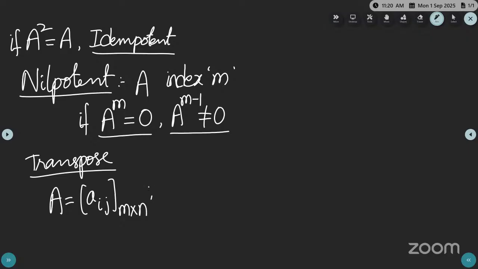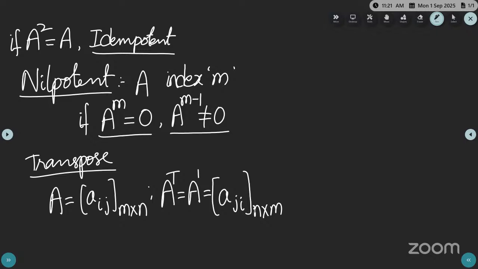Then its transpose is denoted by A T or A dash and is obtained by interchanging rows and columns.